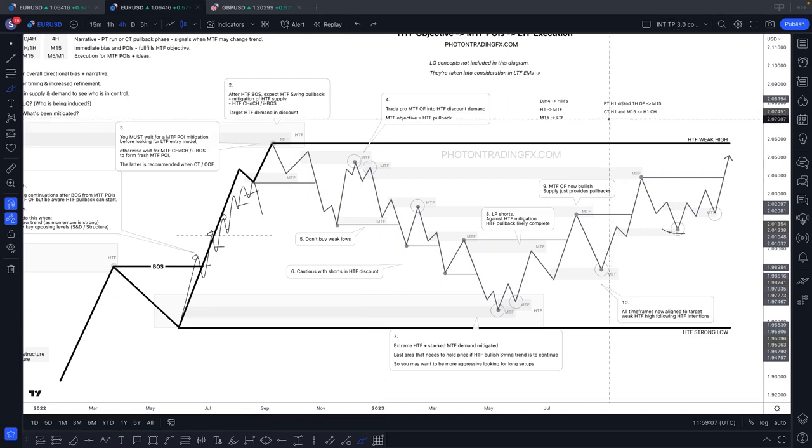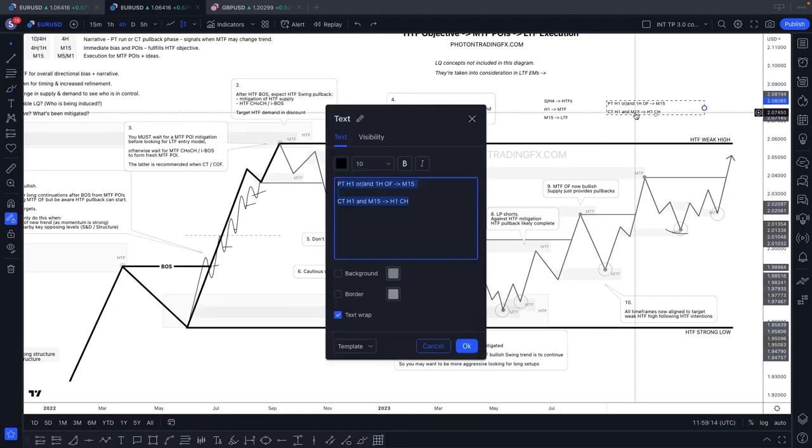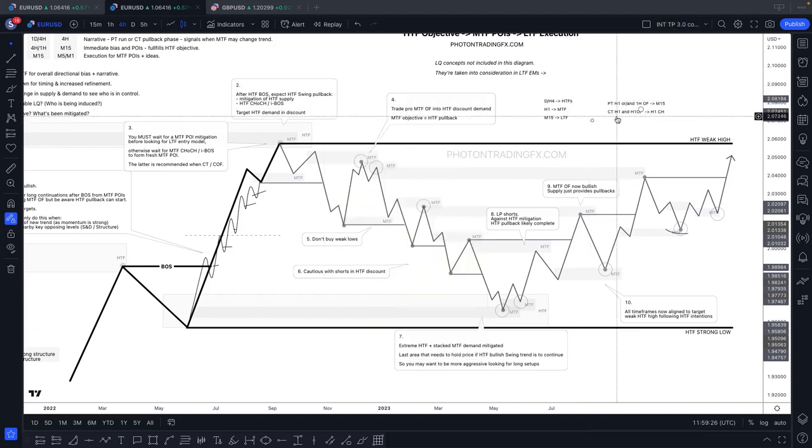So in this case, when it's counter trend H1 swing and H1 order flow, sorry guys, that was a mistake. CT H1 and H1 order flow.